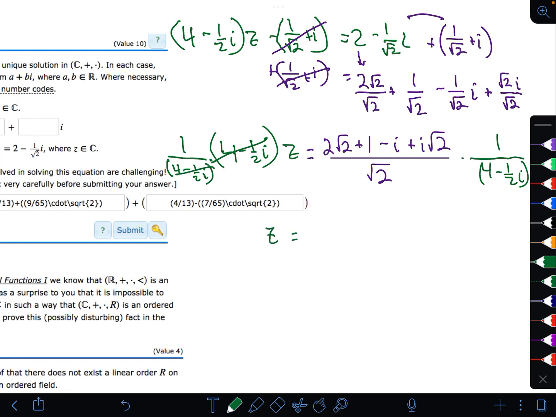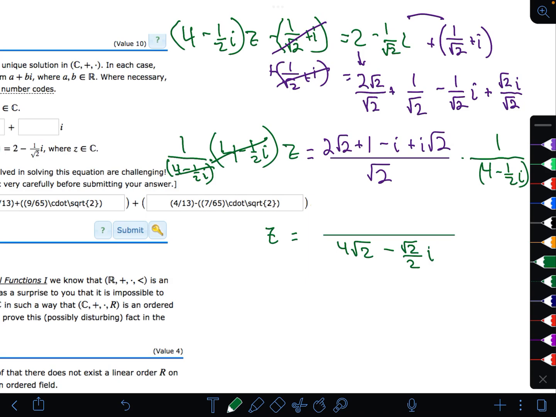Now, what's z exactly? Well, that's going to present the new challenge for us here. One of the first things we should notice when I have this 4 minus 1/2 i, I could use the distributive property and just say my denominator here is 4 root 2 minus root 2 over 2 i. Okay, my numerator hasn't changed, of course.